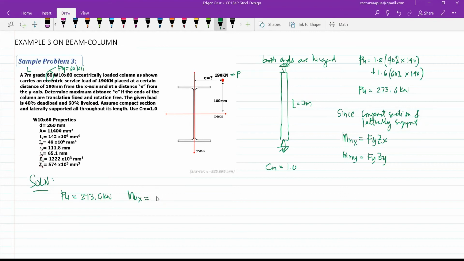That would be the Pu multiplied by the eccentricity about x. The eccentricity about x is 180 millimeters, or 0.18 meters. So that would be 273.6 times 0.18, which would be our Mux.